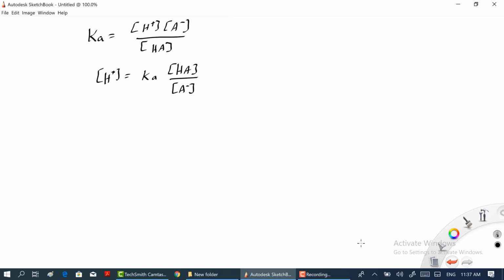If we take the negative log on both sides, the pH is negative log the hydronium ion concentration, which equals negative log of Ka times HA divided by A negative.